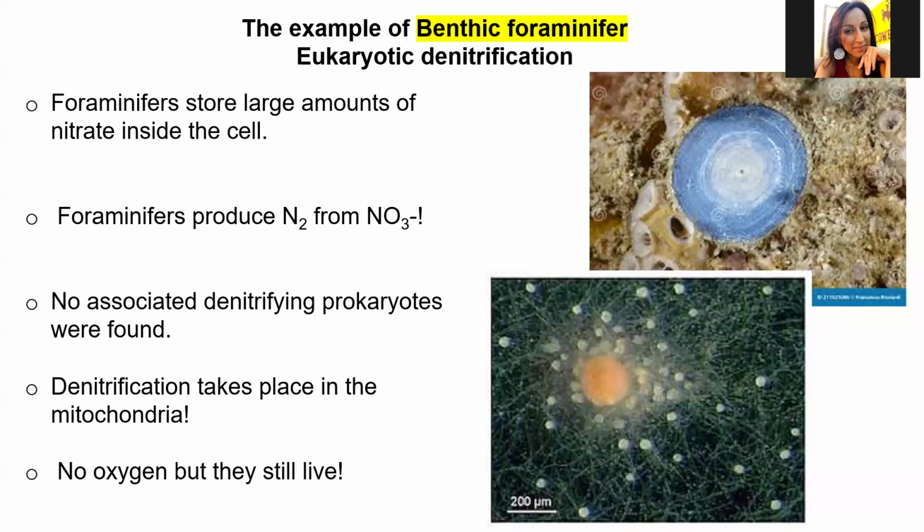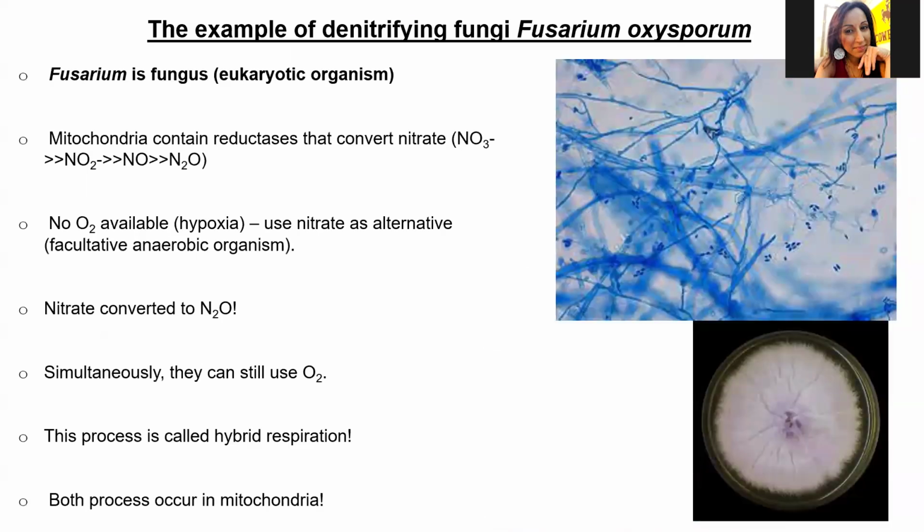They don't have oxygen, but they still live. So even though there are no isolated denitrifiers from this organism, the whole process of denitrification is still happening in mitochondria, and we all know that mitochondria are bacteria. So definitely there are prokaryotes associated with this organism. That's the only reason why I'm mentioning it.